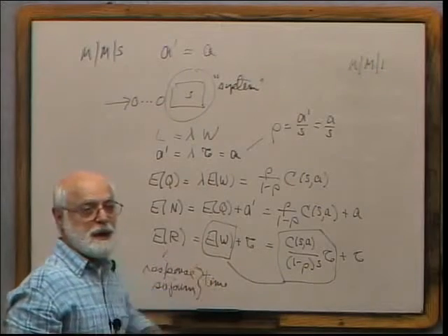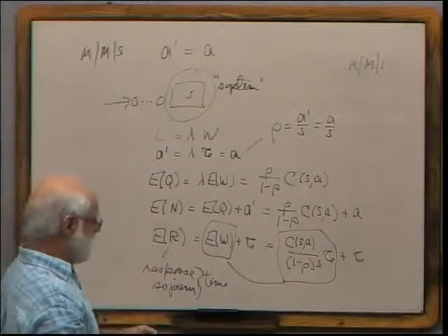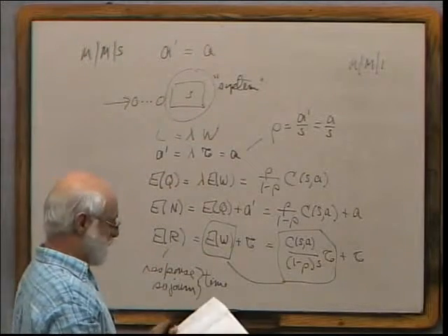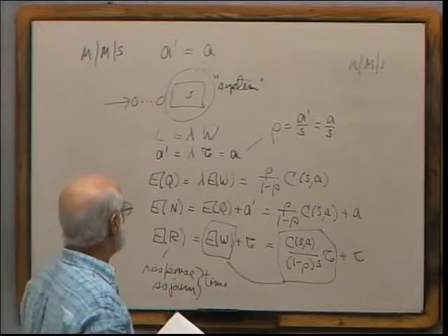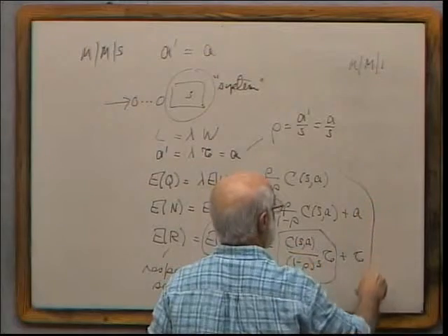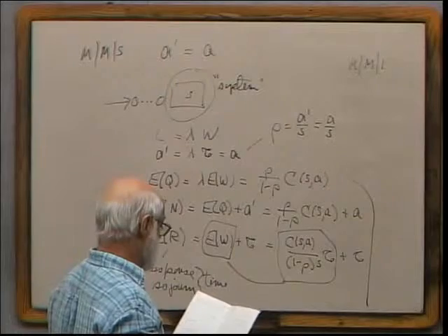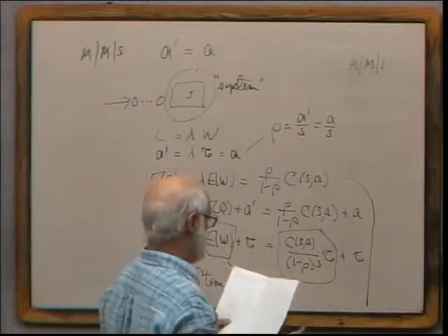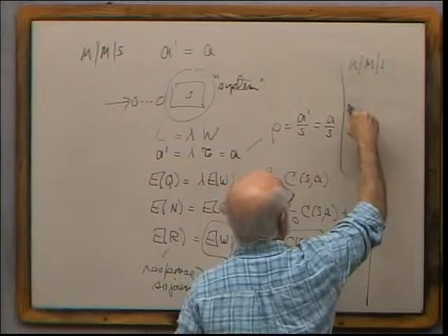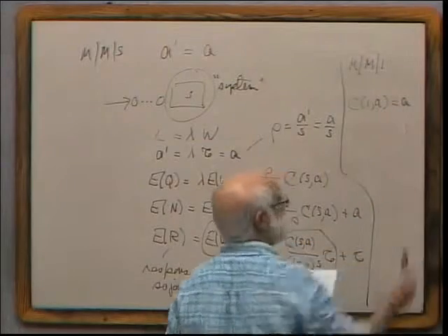Now, for MM1, I can get those results by just specializing these results by setting S equal to 1. So first of all, let's look at the formula for E of Q. Okay, for MM1, what do we know? We know that the Erlang C of 1, A is equal to A. Just plug into the formula, and that's the way it turns out.